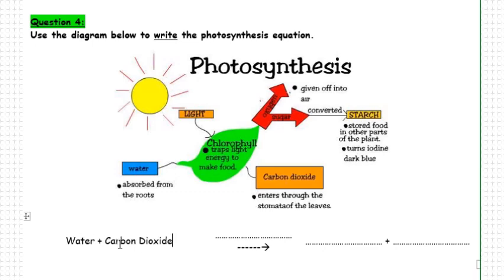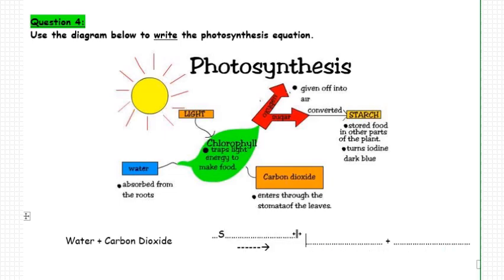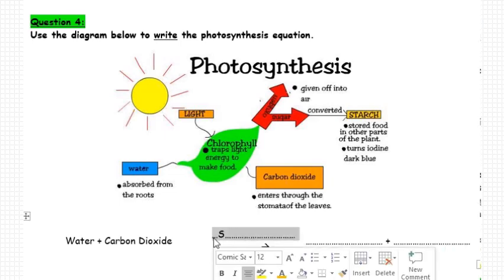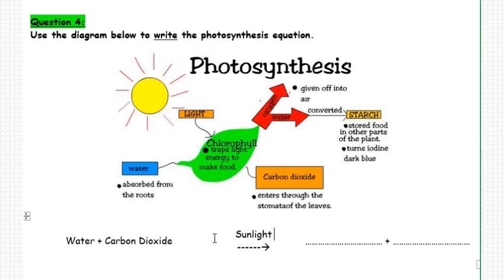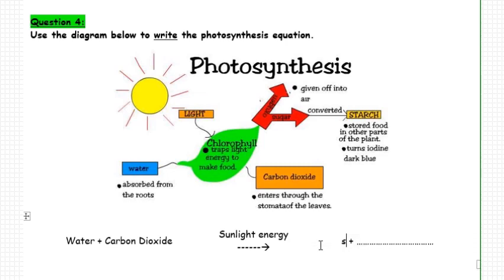The plant puts them together and uses sunlight energy to make its own food, which is a kind of sugar, and it releases oxygen gas.